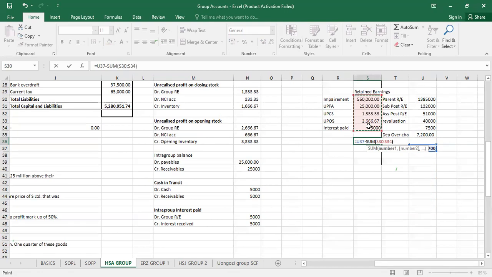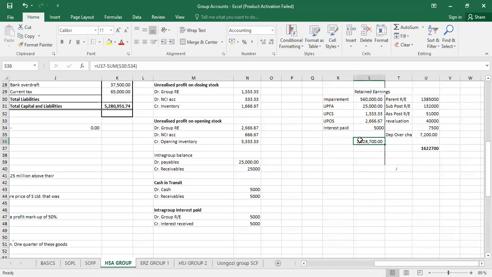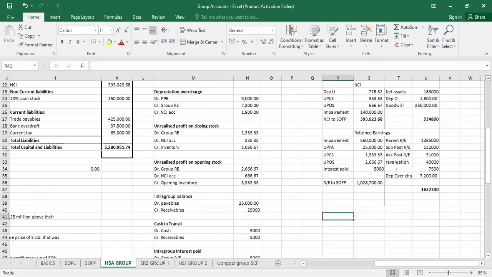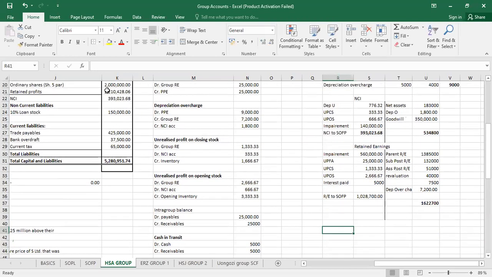I close the brackets, control enter, isn't it? You can see that retained earnings to SOP, to find it is 1028, and that's not the value we got, isn't it? We got something like 2,222. So the problem comes in where I told you here.